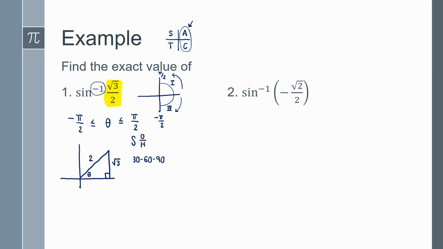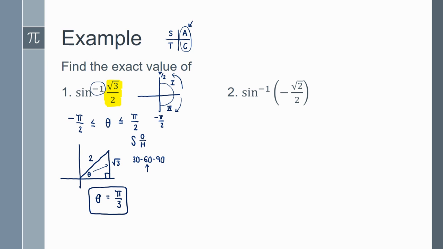We just have to figure out, is that going to be a 30-degree angle or a 60-degree angle? When you are across from the square root of 3, remember that's going to represent the 60-degree angle. The last thing I have to do is not write 60 degrees, but write it as a radian value. That's why we have to know our radians. Remember, 60 degrees is the same thing as pi/3, and that would be my final answer.